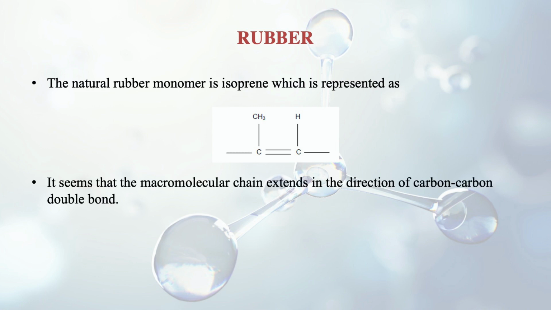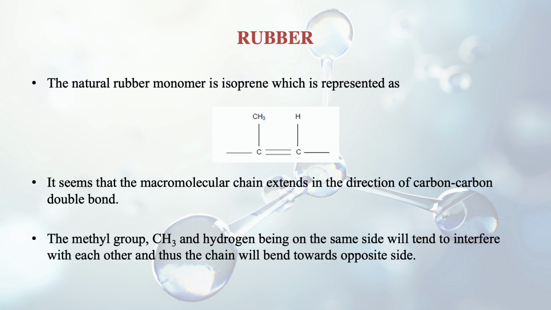The macromolecular chain extends in the direction of the carbon-carbon double bond. As I told you, this opens up. The methyl group CH3 and the hydrogen, if you see in the figure, are both on the same side. So they will interfere with each other, and due to this interference, the molecule will bend towards the opposite side.